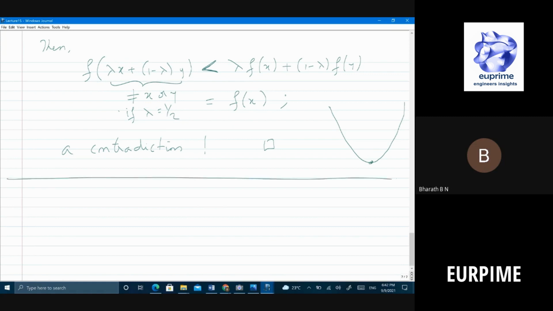So let's start with that. Let f from R into R be a convex function. Then, well, I can also say strictly, okay? Well, not really.